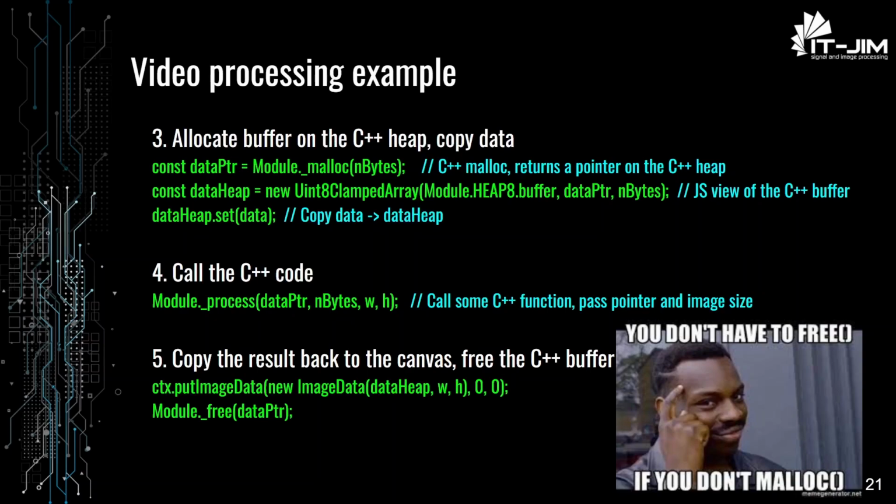There you call the C++ code with a pointer and number of bytes, process is some kind of C++ function which processes the image, and the result, which I assume is at the same place, although it can be a different heap, you copy back to the canvas image and show. That's the typical pipeline, the simplest possible pipeline of a JavaScript code which uses C++ for image or video processing.